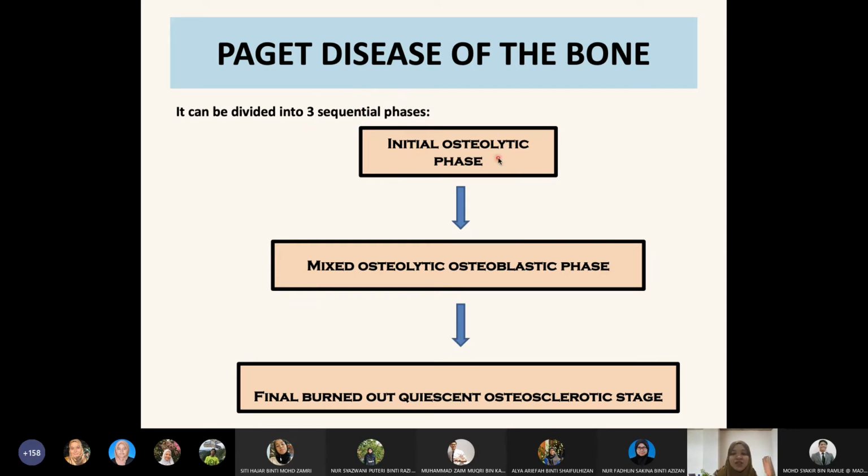They have the osteolytic phase, and then after that the mixed phase, whereby there will be osteolytic and osteoblastic activity, and then the last would be the osteosclerotic stage. So these are the special things about Paget. They have 3 sequential phases. Please remember this.